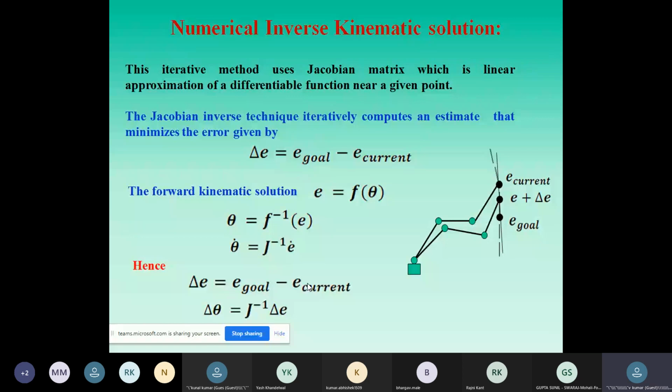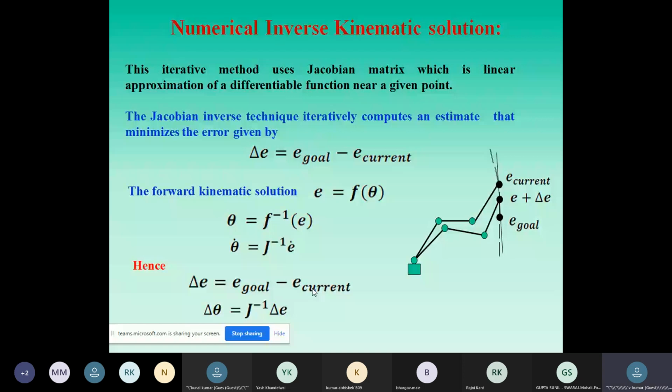In short form, I will use the numerical approach also. Actually, the numerical approach is only iterative type. Suppose that our end effector position is given, and we have to find the joint angles for that end effector position. First of all, our manipulator has some initial position.